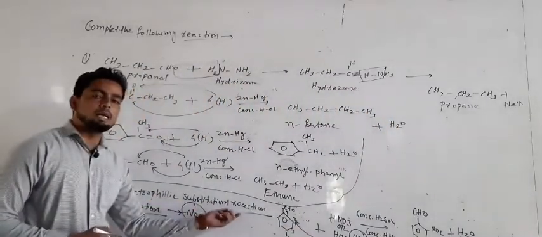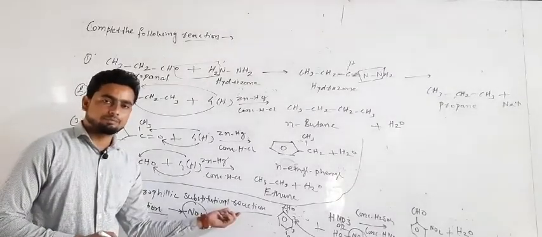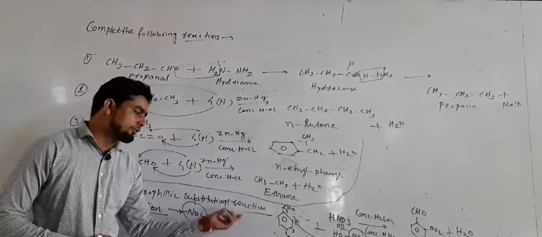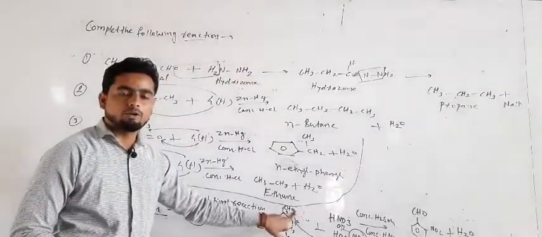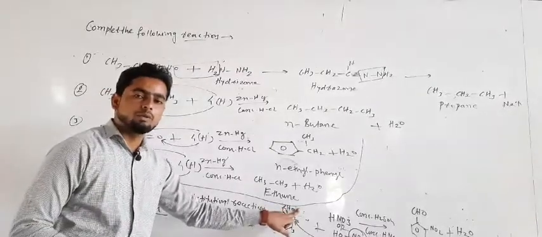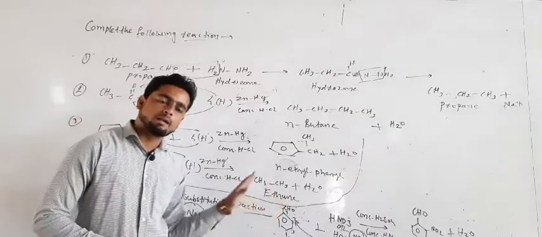So in this way, the electrophilic substitution reaction on aldehyde and ketones always gives the meta product. Why? Because the aldehyde and ketone contain a CO group, which is an electron withdrawing group. This electron withdrawing group accepts the electron from the ortho and para positions.